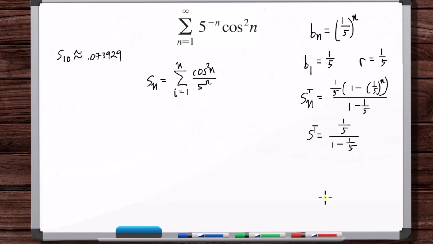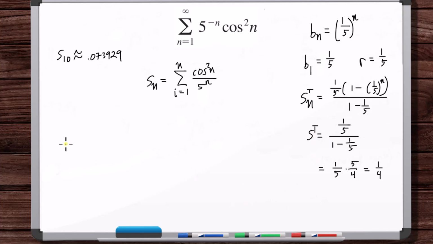So, okay. We've got, so this is 5 over 5 minus 1 over 5 is 4 over 5. So 1 over 5 times 5 over 4 is 1 over 4. So there's the infinite sum.